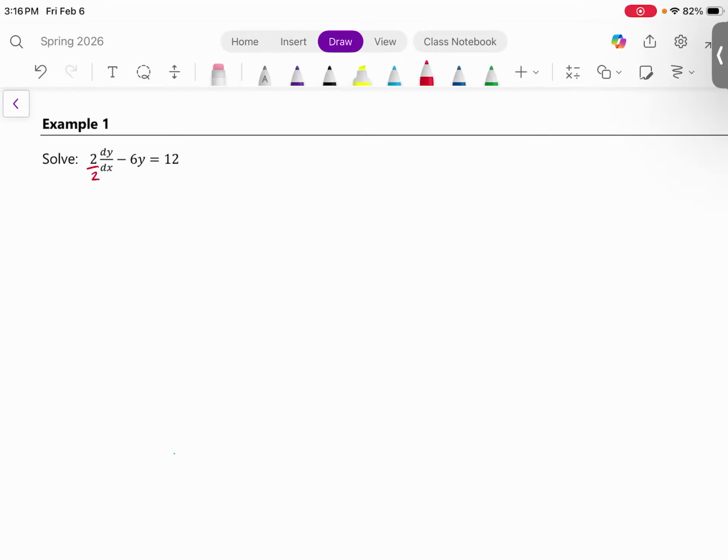I just need to divide everything by 2 to make sure this dy over dx is naked. We like to call that step 0. Step 0 is divide by 2, meaning get dy over dx naked.